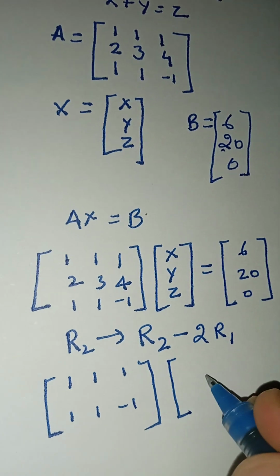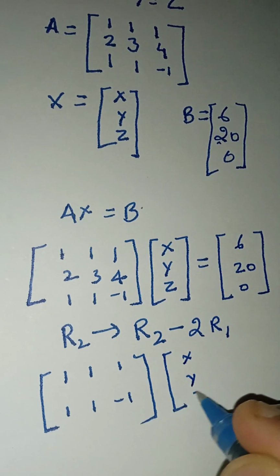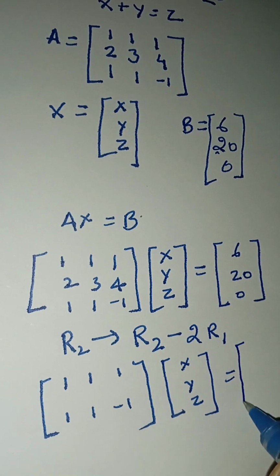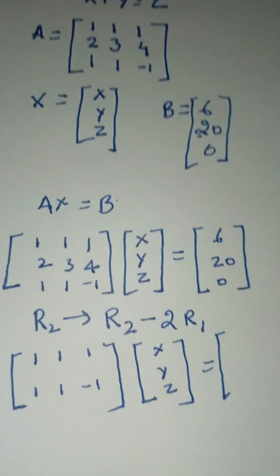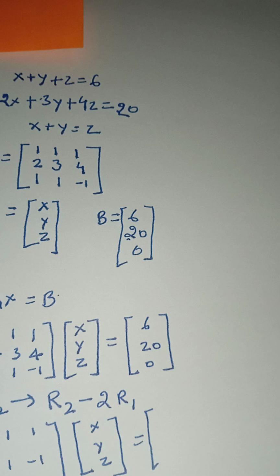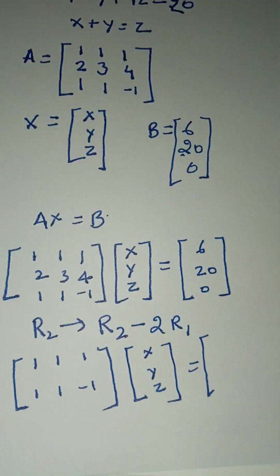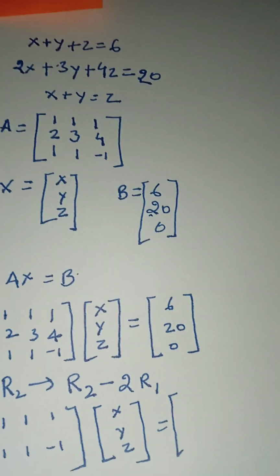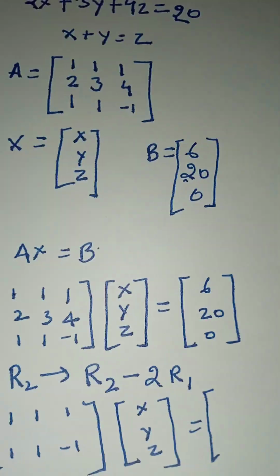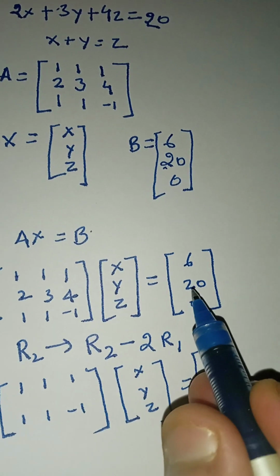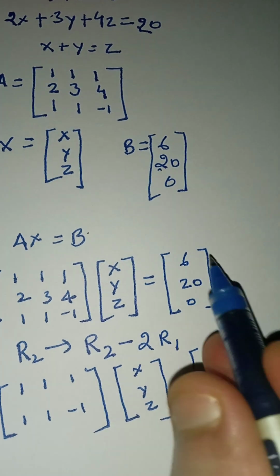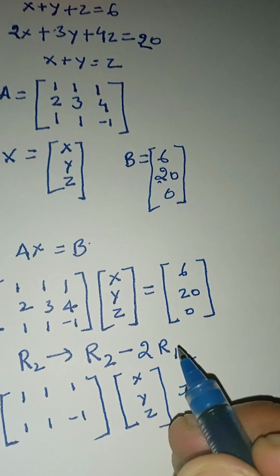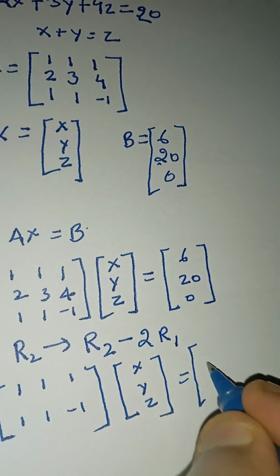Okay, x, y, z, and here also when we change row 2, what is on the right hand side? One can easily say that it is R2 minus twice of R1, 20 minus twice of 6, that is 8.